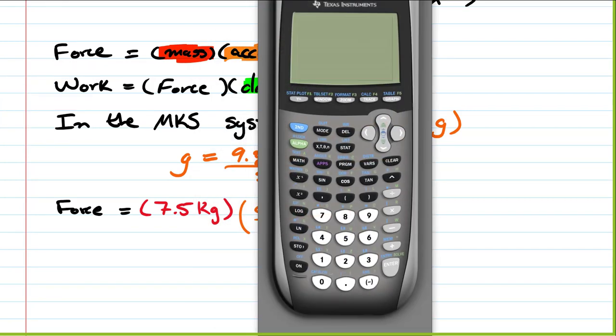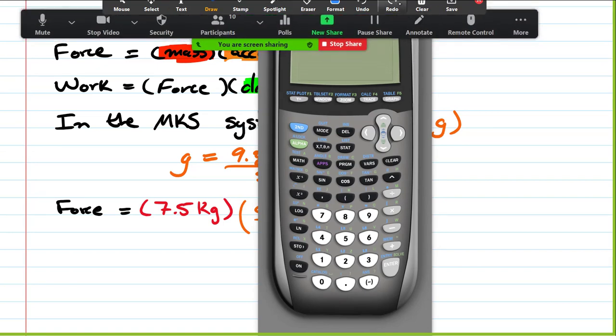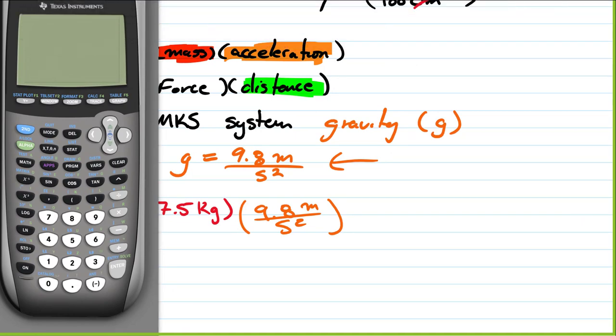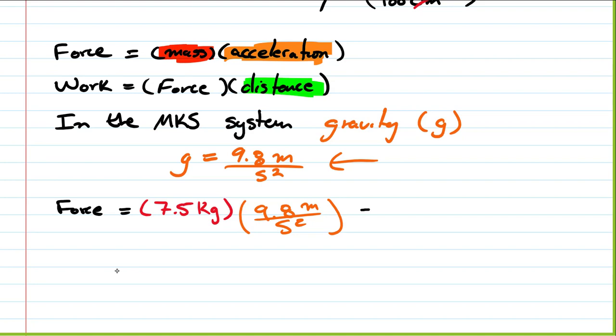So we multiply these together, 7.5 times 9.8, and we get 73.5 for our force.